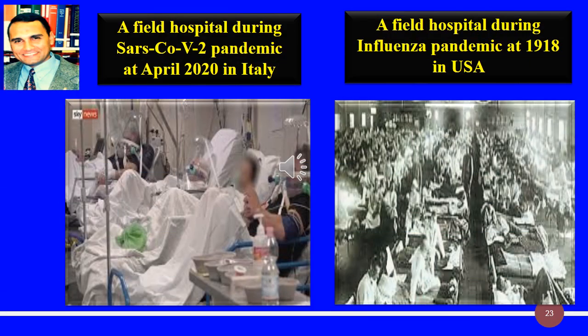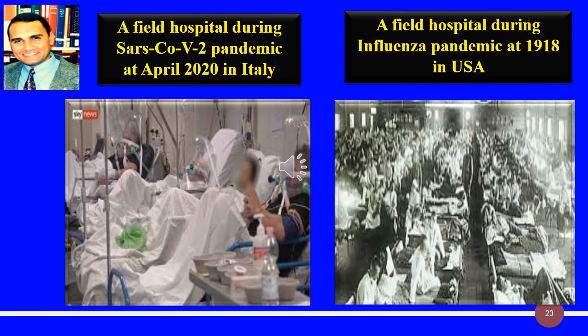This picture makes an interpretation and differentiation between a field hospital during the influenza pandemic of 1918 in the USA and the lower instrument health care in these field hospitals. This led to 50 million deaths during that time.